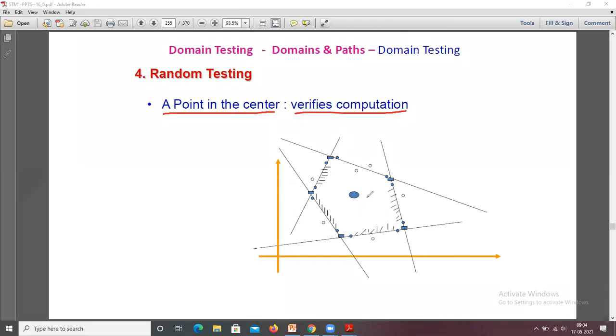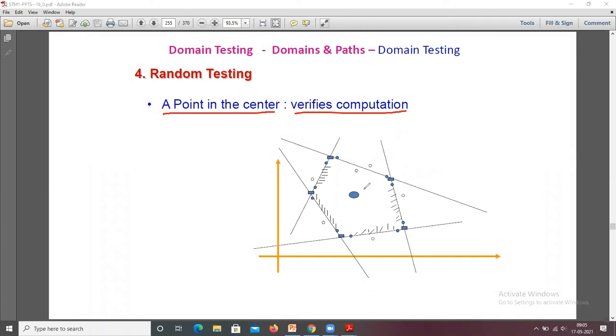Random testing is nothing but taking this point in the center. You take it for domain testing, and the corresponding cases where experience shows programmers have trouble, to find the trouble.